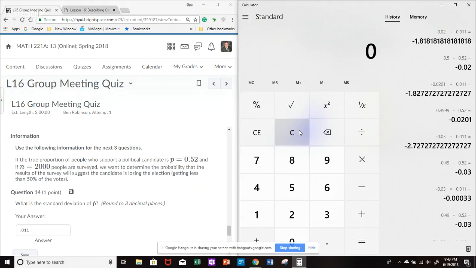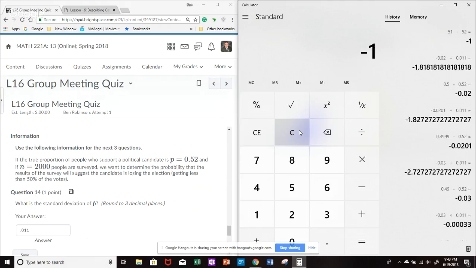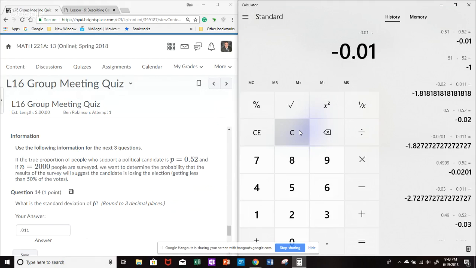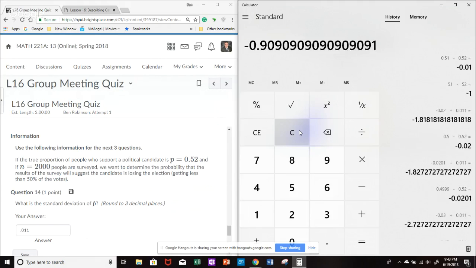So it would have to be the probability of losing the election. In order to get the 1.79, I think you'd have to almost go 51 minus 52, minus 1 or 0.2 divided by, that's 0.9. I'm thoroughly confused.